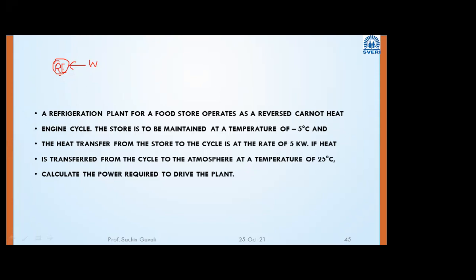And it is taking heat from the low temperature sink, and this T2 is equal to what?